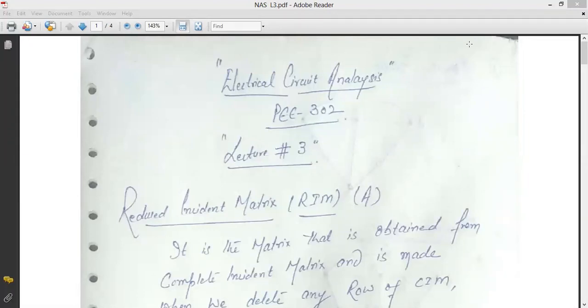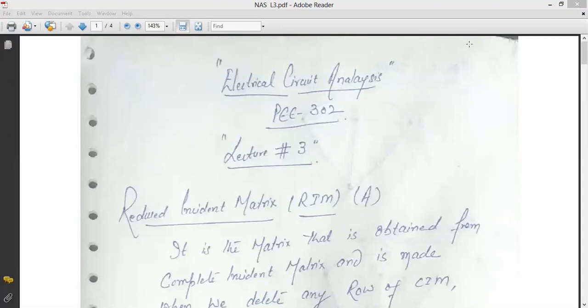Network topology is basically the branch of electrical engineering in which we can convert a circuit or a network into a graph. When a circuit or network is converted into a graph, there are two types of graphs available: one is called an ordinary graph and the other is called an oriented graph.